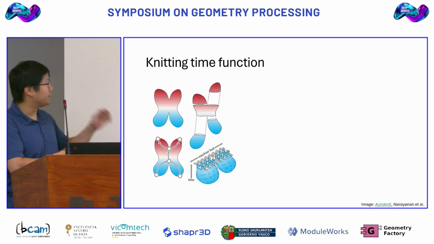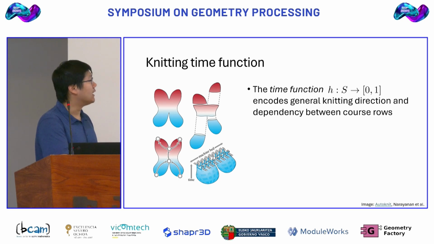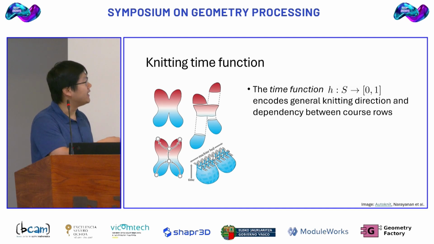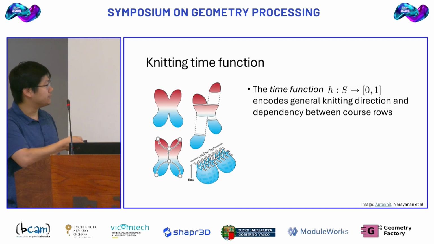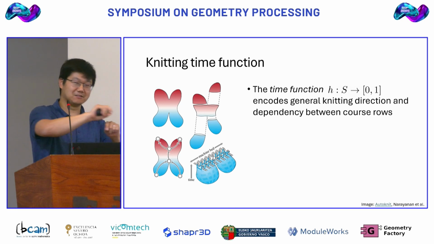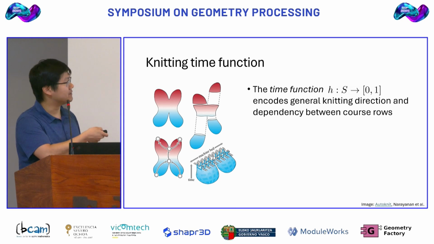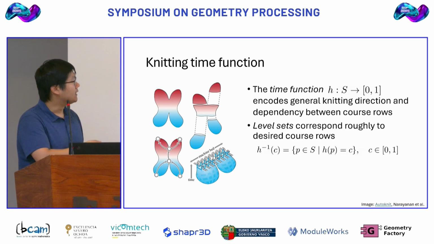Yeah, and I wanted to make a definition here for this knitting time function. So this is pretty important. It's just a scalar function from 0 to 1, and it encodes the general direction in which you're building or knitting the surface. It encodes the dependency between the course rows, because as we saw, you need a row of loops in order to intertwine the next row of loops into it. Of course, the level sets of the function correspond roughly to the desired course rows.